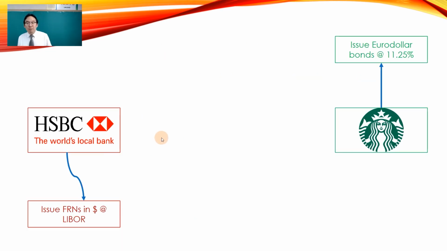The next diagram shows how HSBC and Starbucks can strike a swap contract, given their situation. HSBC can borrow at LIBOR rate in the floating rate market, for the same amount of money. And for the same amount of money, Starbucks can borrow in the fixed rate debt market, the euro-dollar bond market, at 11.25 percentage point.